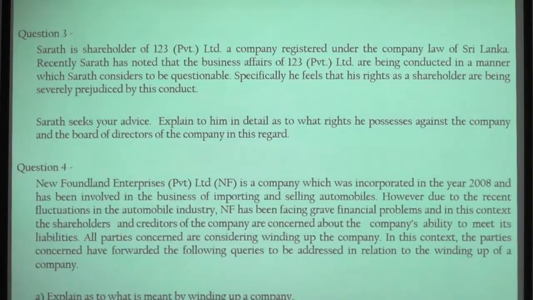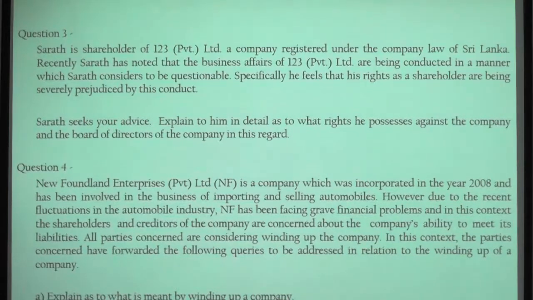Now, in case Sarath, having seen some acts of prejudice happening to the interest of the company, wanted to act, then he would have come under the derivative action procedure in the name and for the interest of the company. So, you need to analyze your answer in such a way that it explains specifically what are the remedies that Sarath has in this regard.